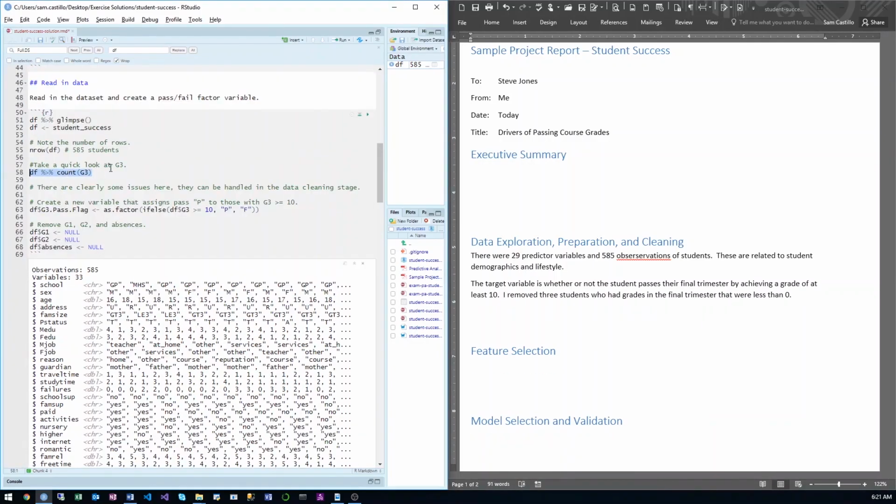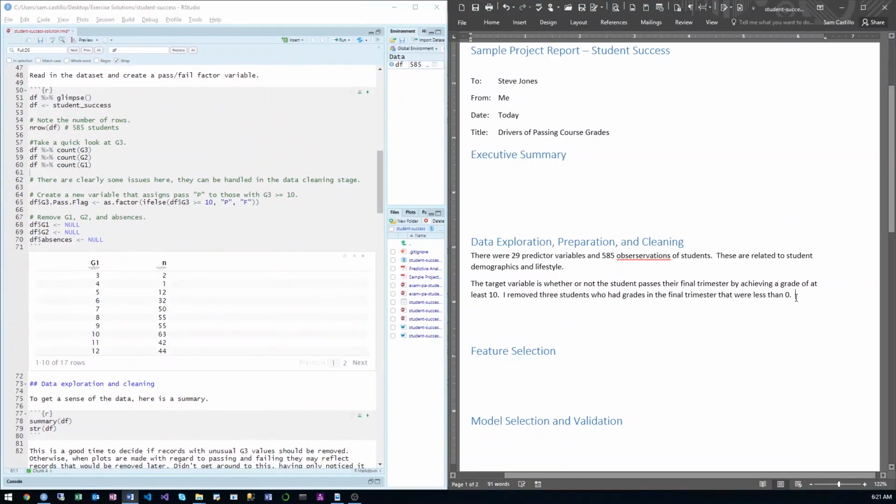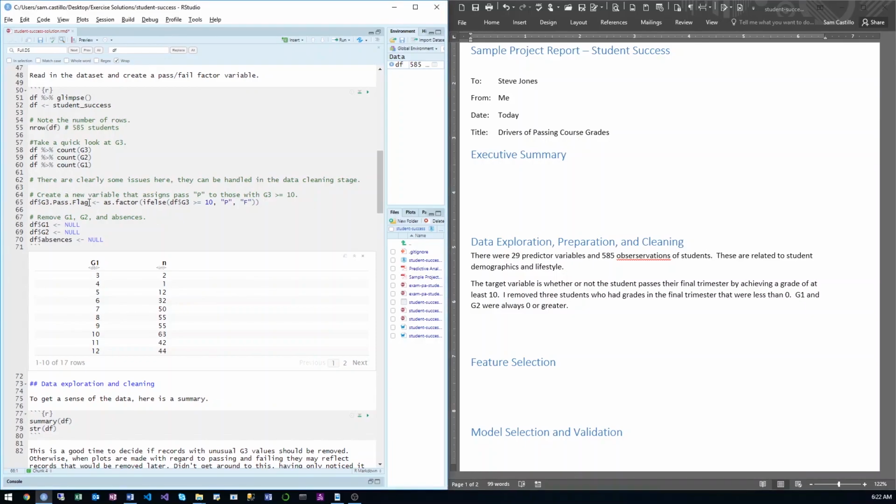Just look at the other grade values to see if they're always positive. Yes, G1 and G2 were always 0 or greater. And then they create G3 pass flag. I don't like to use uppercase letters in my column names because it takes longer to type.